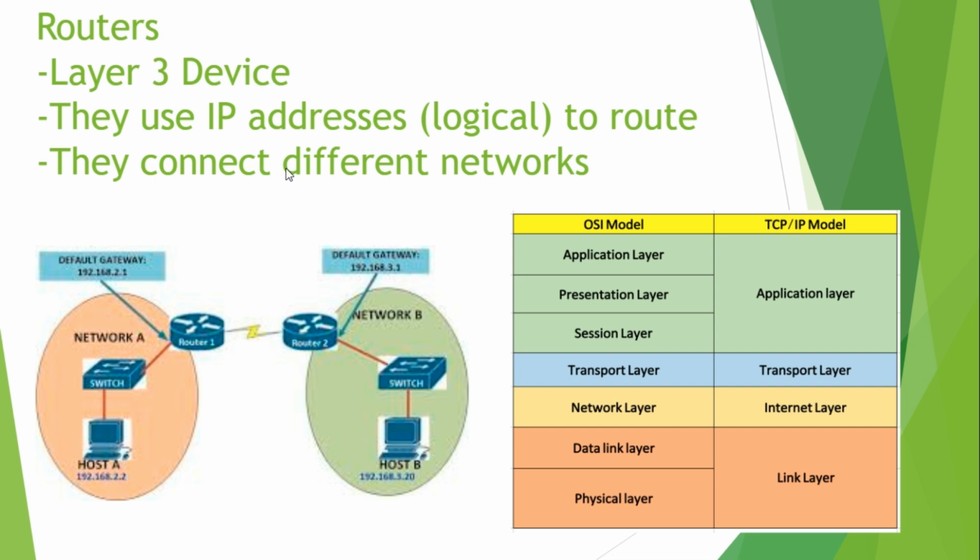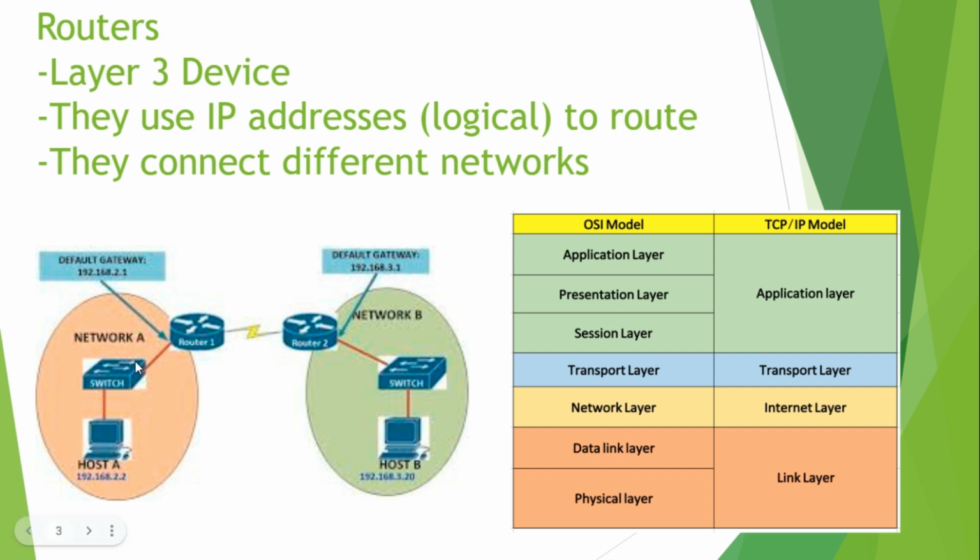They connect different networks. As you can see here, we have network A and network B. In order for network A to communicate with network B, you need a router. In order for network A to communicate with the internet and download something from the internet, you're going to need a router.